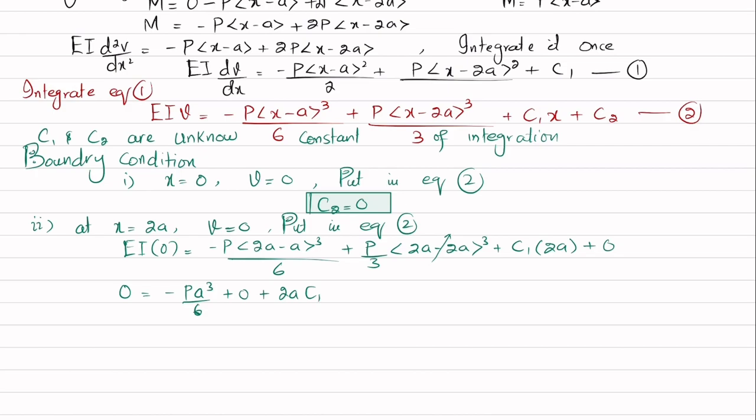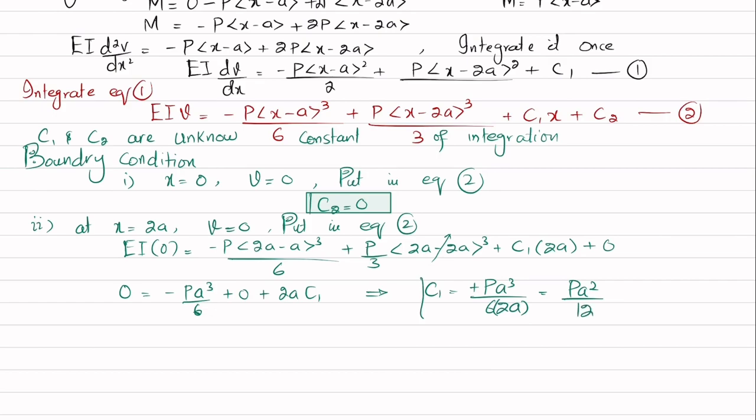So from here you will get C1 equal to P a³ over 6 divided by 2a, and C1 will be equal to P a² over 12. So we have the value of C1 as well.